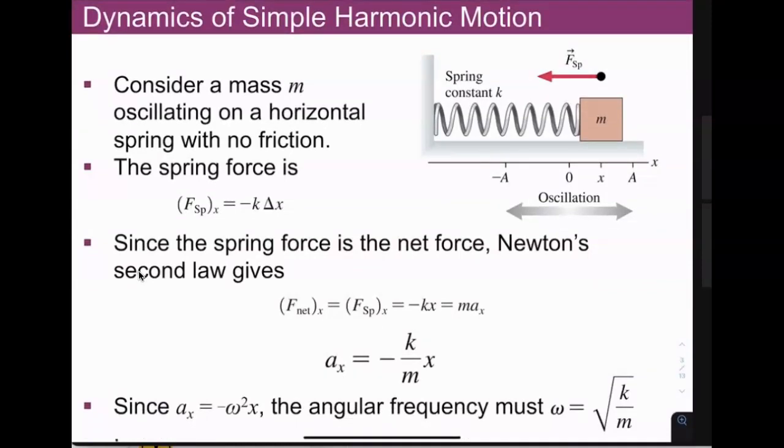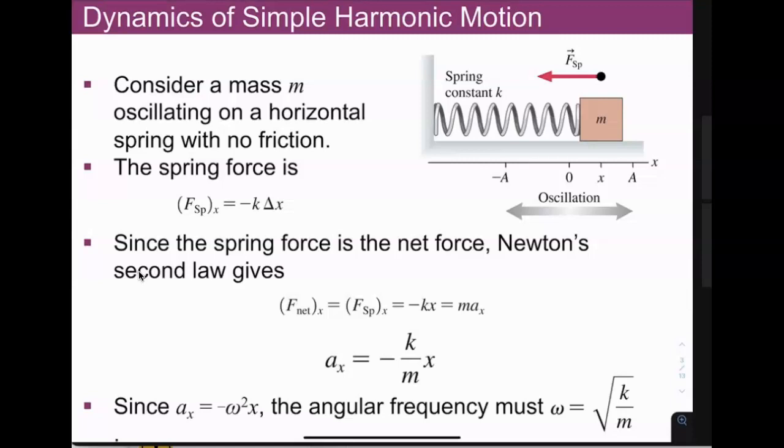So now we begin our discussion of the dynamics of the simple harmonic motion of a mass on a spring with no friction. We know from Hooke's law that the force exerted on the mass by the spring is equal to minus k, the spring constant, times the displacement delta x.